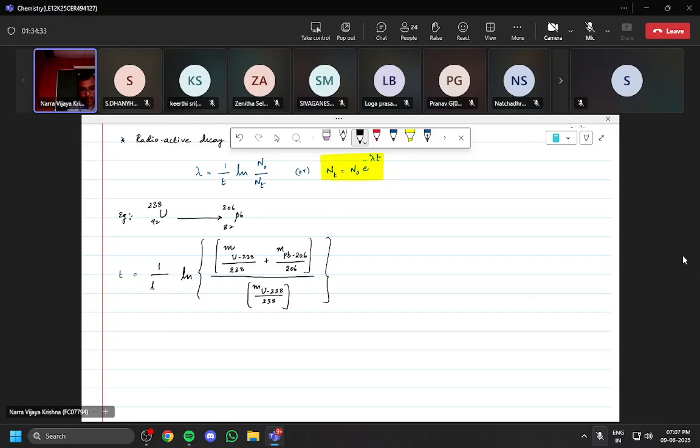So I am writing it as ln 2, and here I am writing t half of uranium-238. So by using this formula, what can you calculate now? You can calculate the age of the rock.